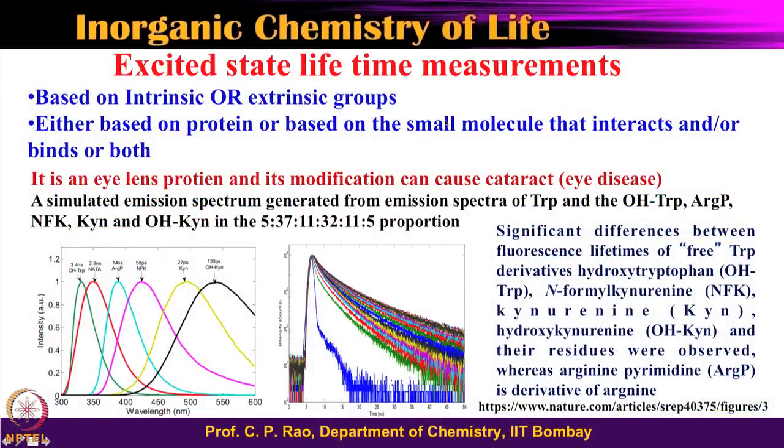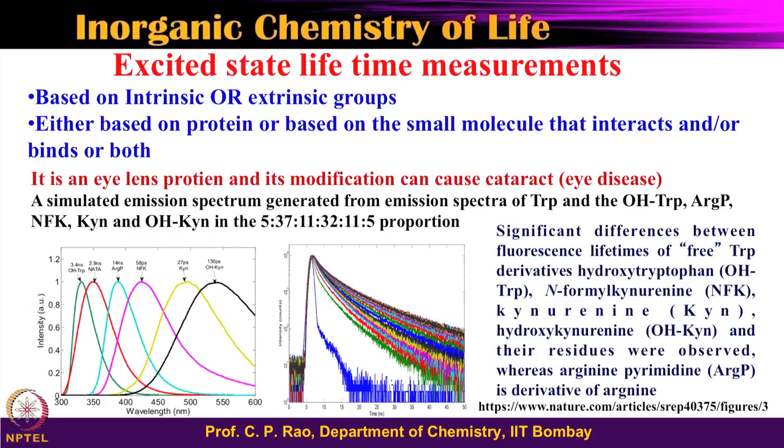So, the excited state lifetime means how long the species sits in the excited state. Okay. So, the lifetime is dependent on various parameters: the protein dynamics itself, the protein conformation itself, the viscosity of the medium, and many other parameters, so pH of the medium, various things.